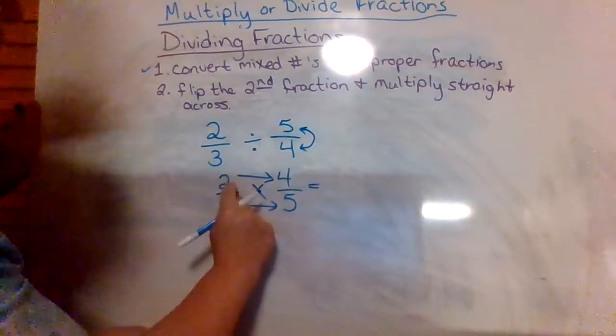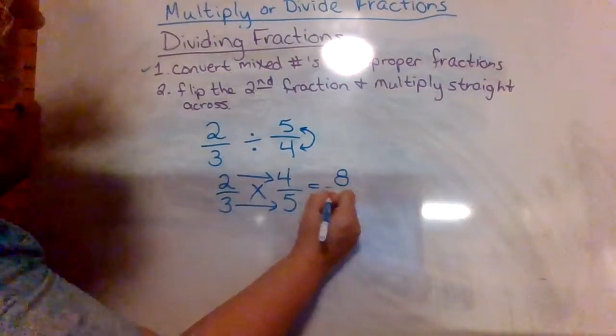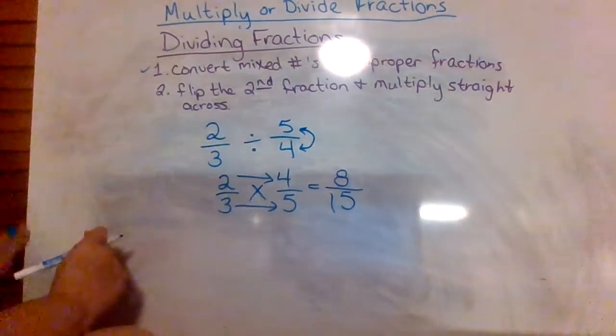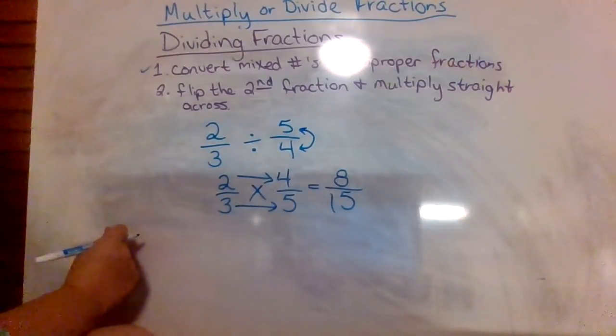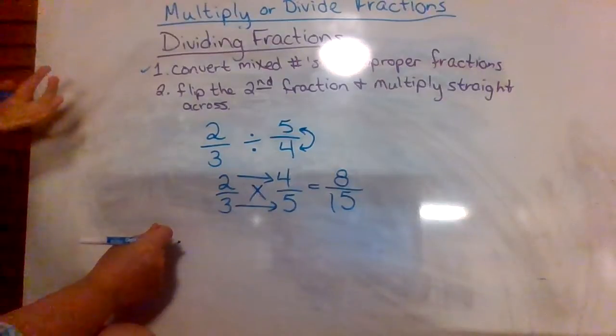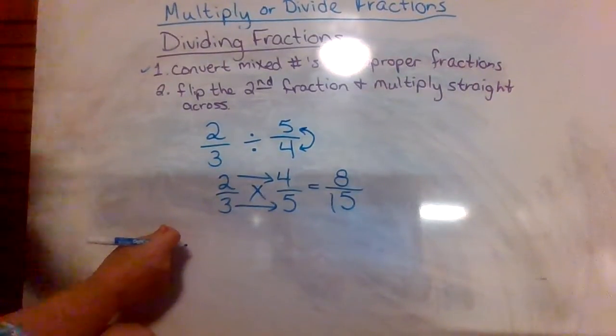So now we end up with 2 times 4, which is 8, divided by 3 times 5, which is 15. Now remember our little people with their little thought bubbles. Is this in reduced form? In this case, yes it is. 8 and 15 do not have anything in common.